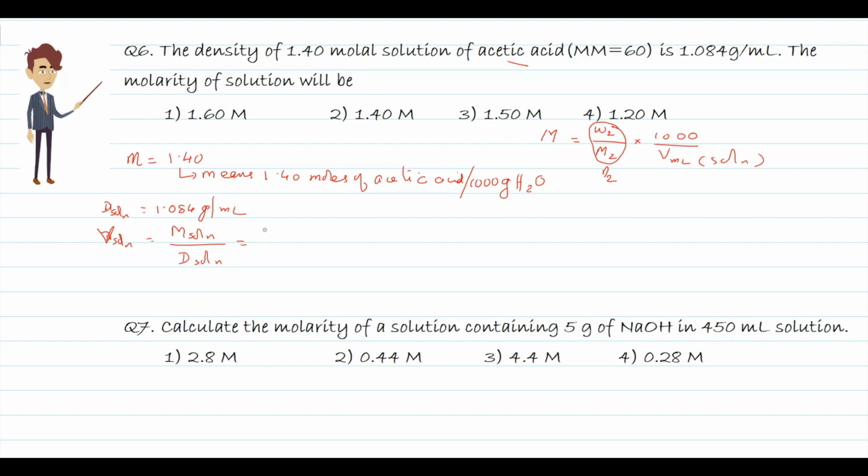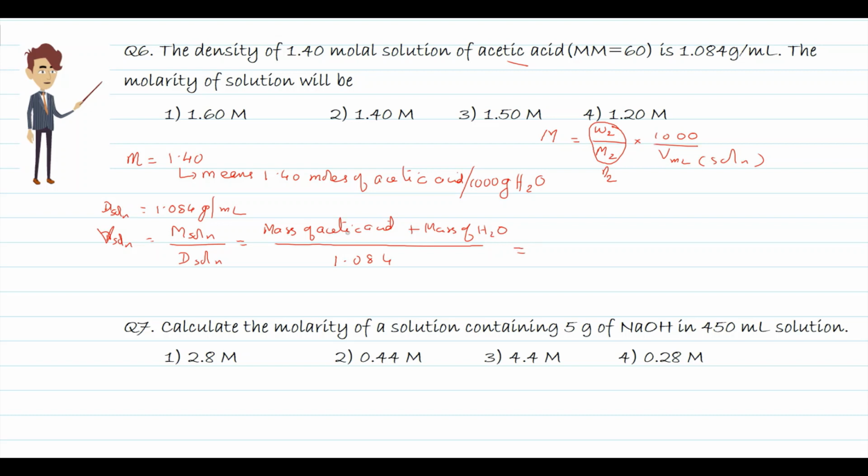What is the mass of solution? Mass of solute, here acetic acid, plus mass of solvent, here water, divided by density. Density of solution is given as 1.084.